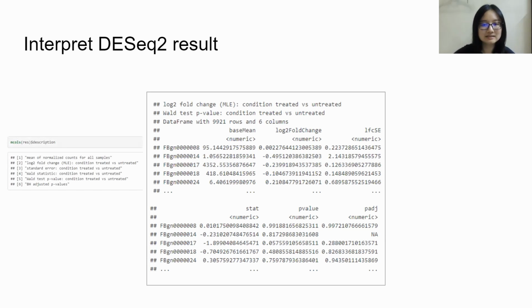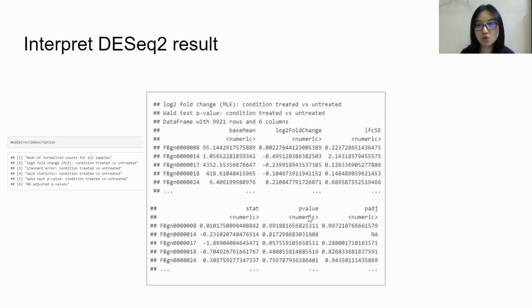So from here, we can see that the first is the base mean, which is the mean of normalized count for all samples. Secondly is the log2 fold change, and this is the standard error, and this refers to the statistical test that you choose. By default, this is the Wald test. They also show the condition that you choose for the design.